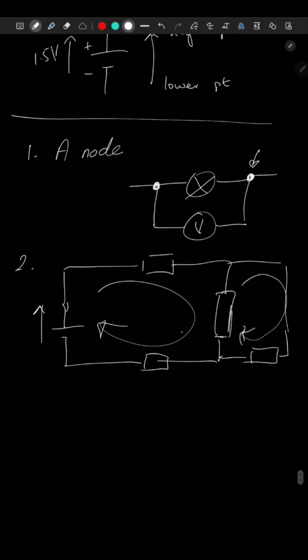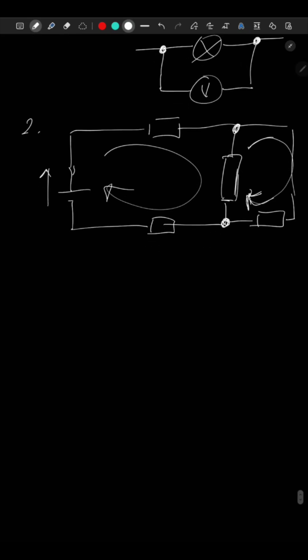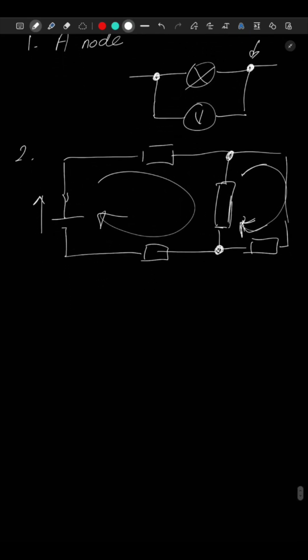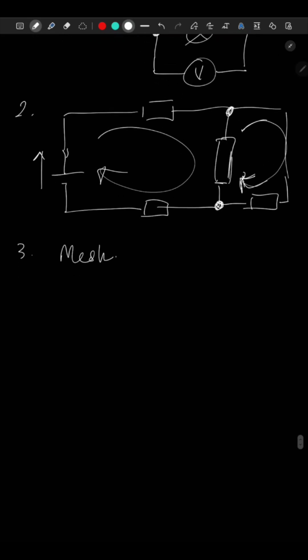You see, this is a circuit. This is a closed path. The node is over here, and this is another closed path, which is called a loop. And we also have a mesh. A mesh is a loop that contains no other loop within it.